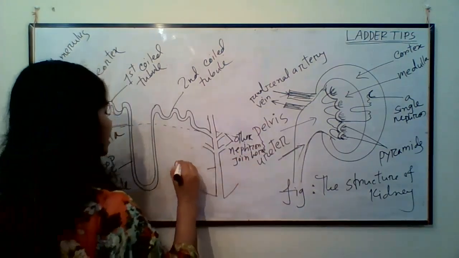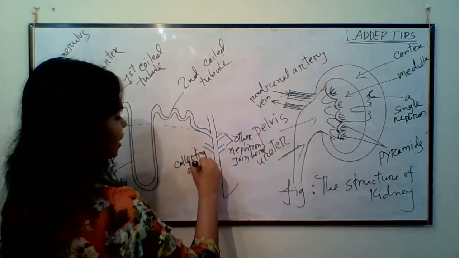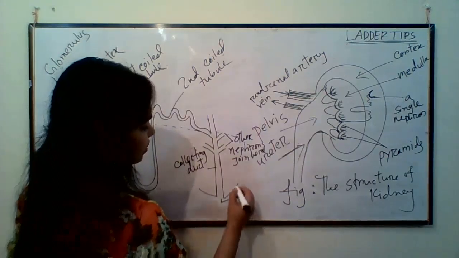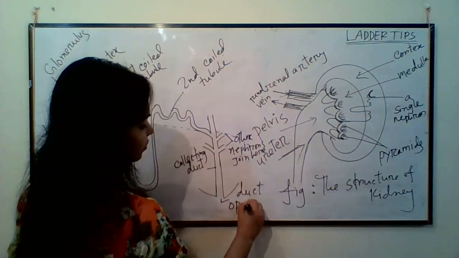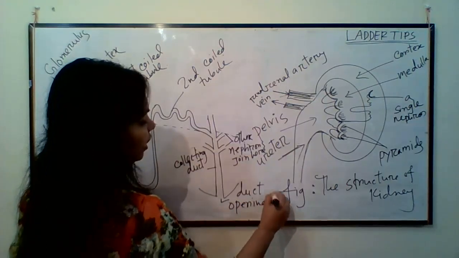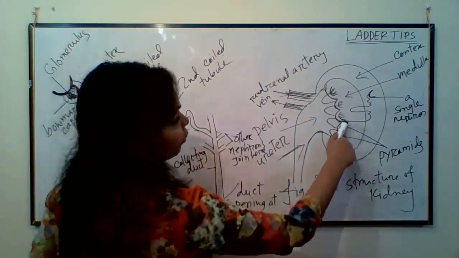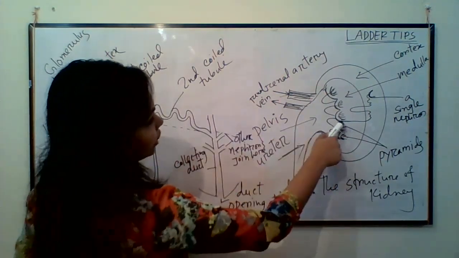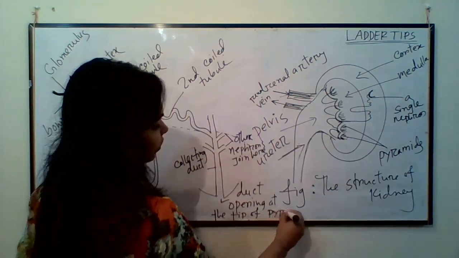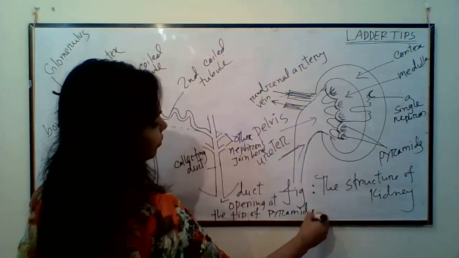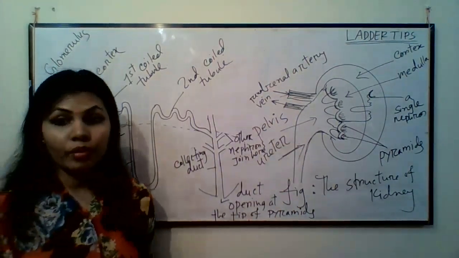This is the collecting duct. And this is the duct opening at the tip of the pyramids. This is actually one single nephron.